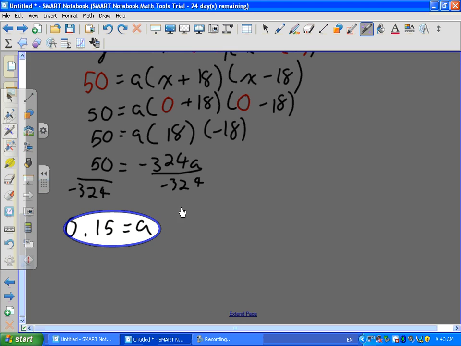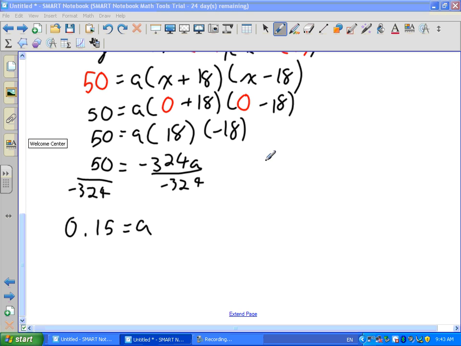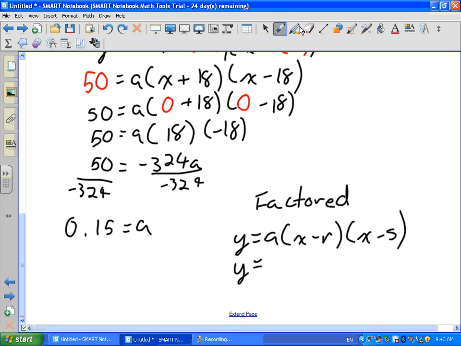So, now that I have that, I have to go back again to my factored form. This time, we're not going to put values in for our X and our Y. Factored form. Remember, it is Y is equal to A, X minus R, X minus S, and we substitute 0.15 in for our A value there.